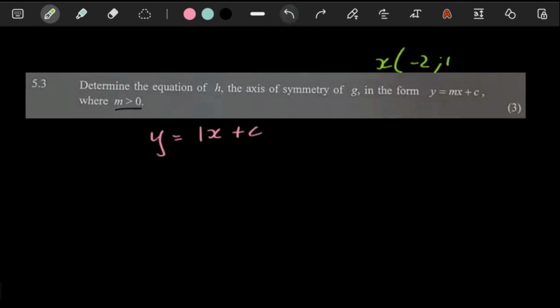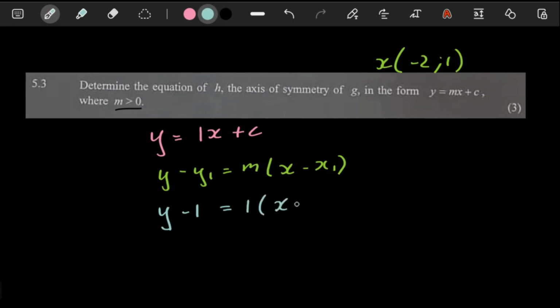But anyways, the easiest way to get the whole thing done without wasting any time is to just use this format. This format allows you to jump straight into getting your equation, you see. So here the y value is 1, so you throw it there, it will be -1. Then our gradient is 1.